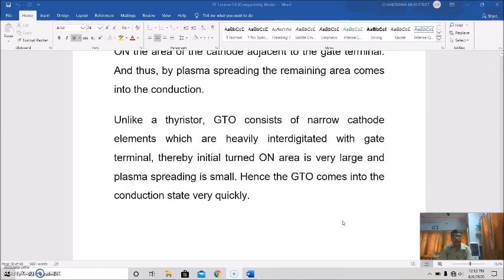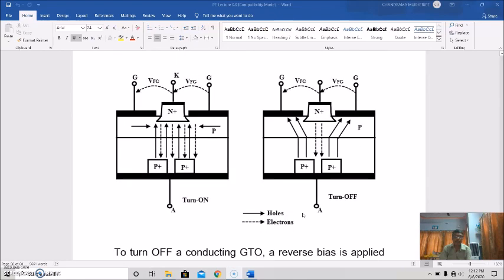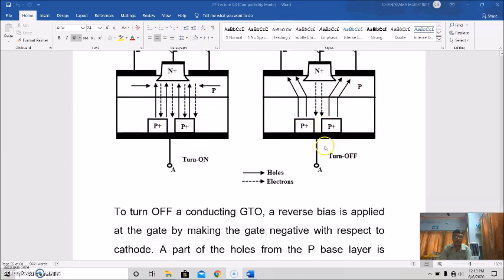Thereby the initial turn-on area is very large and plasma spreading is small. Hence the GTO comes into the conduction state very quickly. This is explained here in this figure. So this is the turn-on mechanism, and this is the turn-off mechanism.